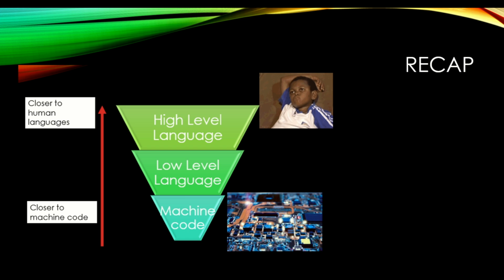And at a much higher level, we have high-level language, which is closer to human-level languages. As we move down from higher level language to machine code, we get closer to machine code. As we move from the bottom level of this diagram to the upper level, we get closer to human languages.